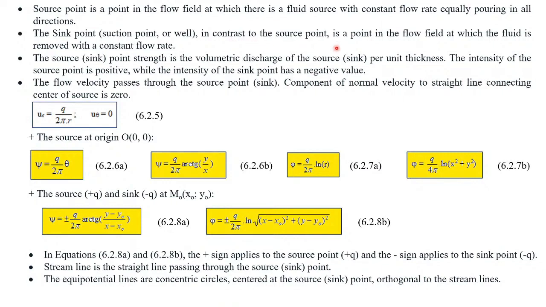And the sink point, or suction point or well, in contrast to the source point, is a point in the flow field at which the fluid is removed with a constant flow rate. That means the fluid around this point moves to this point with a constant discharge, and Q is the volumetric discharge of the source or sink per unit thickness.